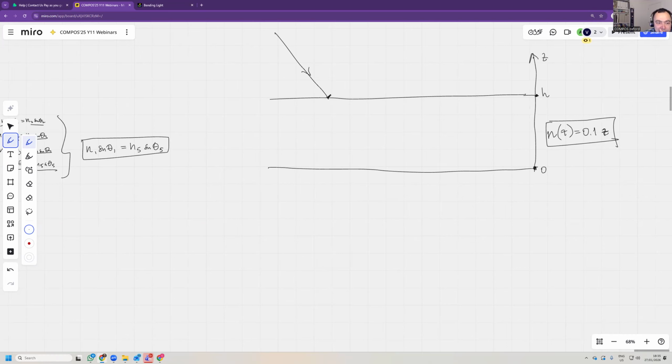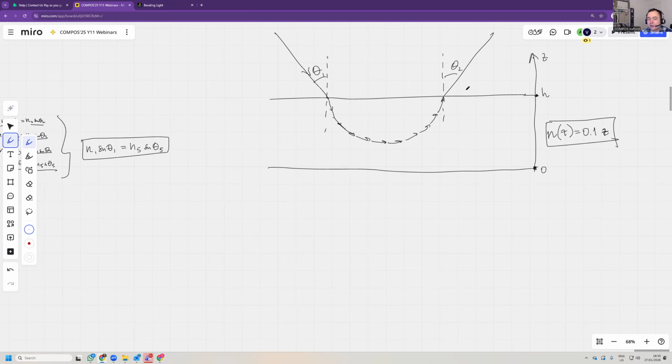So when you enter the glass, you refract. But then as you go along, you refract away and away and away. So light will follow this path. But still, this rule will still hold. Theta1 and theta2 would still work.